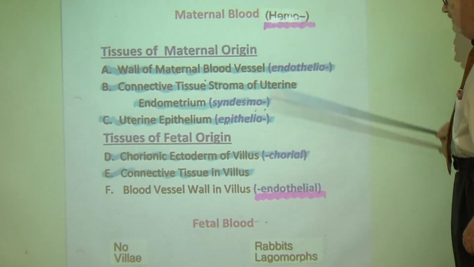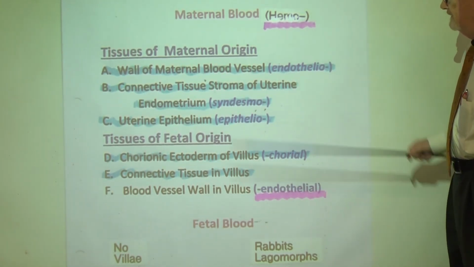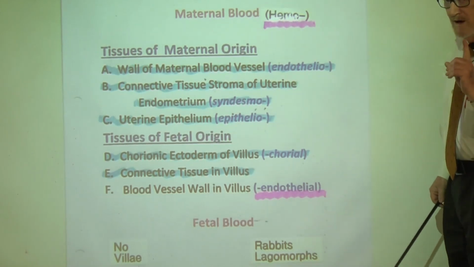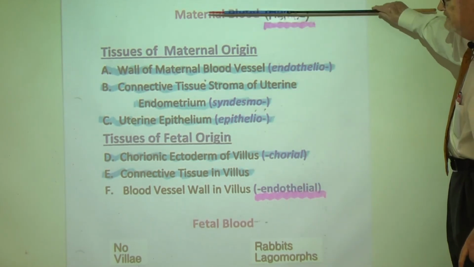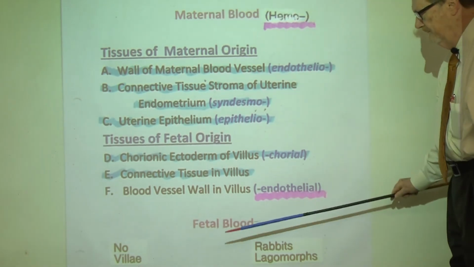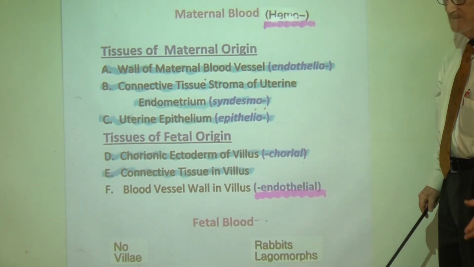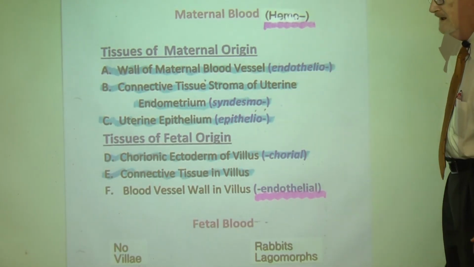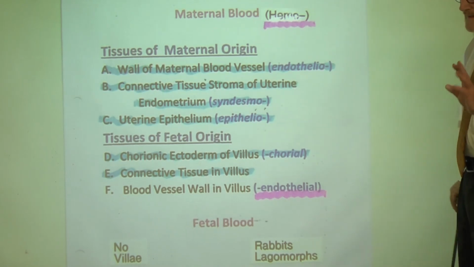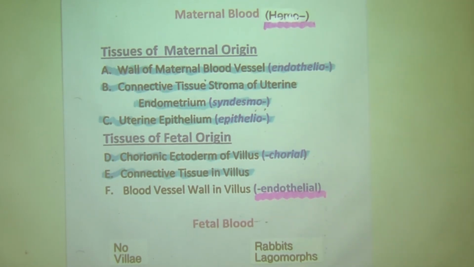This is a hemo-endothelial barrier, one barrier to transplantation of something going from maternal blood to fetal blood, or waste products going from fetal blood to maternal blood. There's only one tissue barrier. This is the fifth type. It doesn't have villi, so there is no villi name for this type.